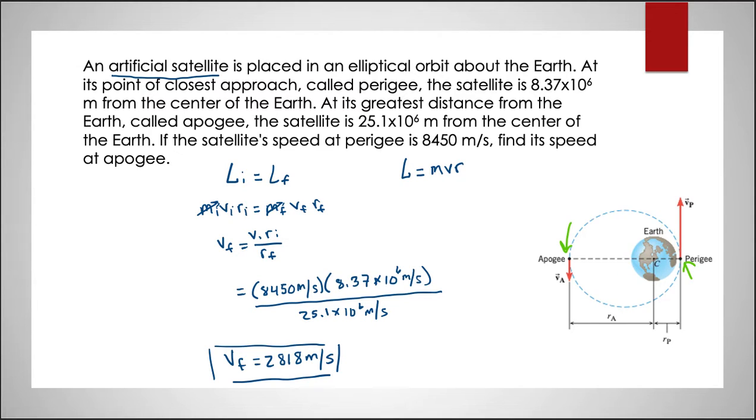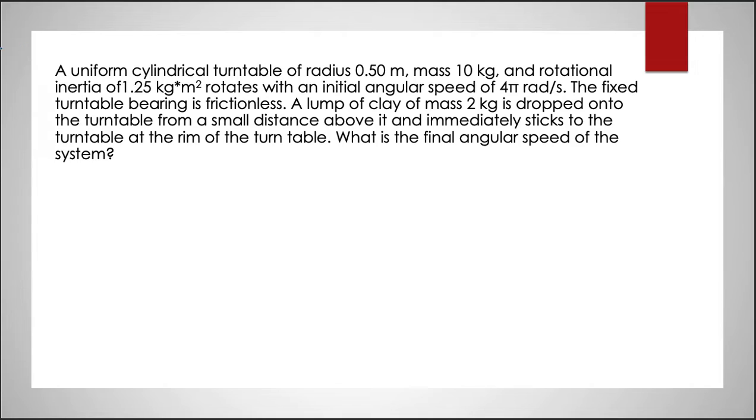All right. So now we can sort of change gears. It's still the same idea, but we'll take a look at essentially an angular collision. So we have a uniform turntable of 0.5 meters and a mass of 10 kilograms, rotational inertia that's given, and it rotates at an angular speed of 4 pi radians per second.